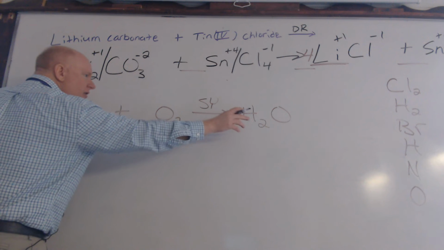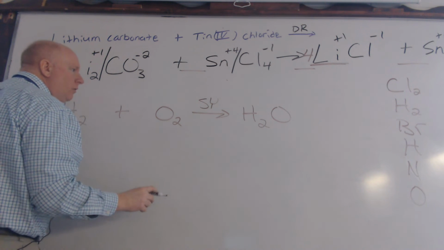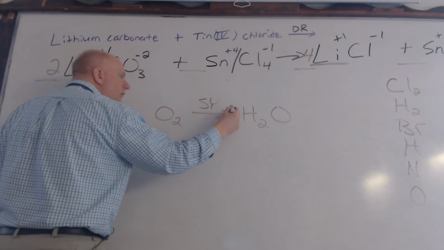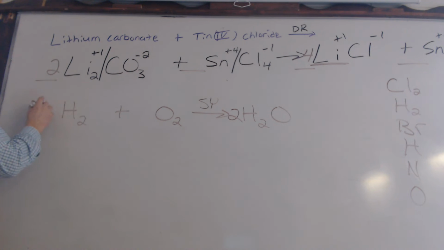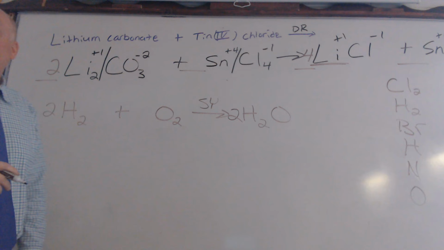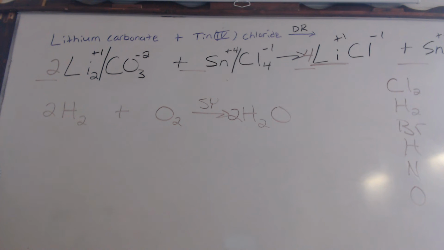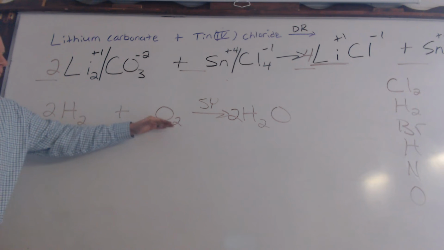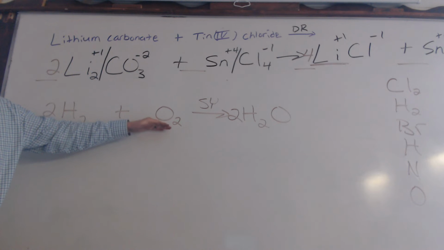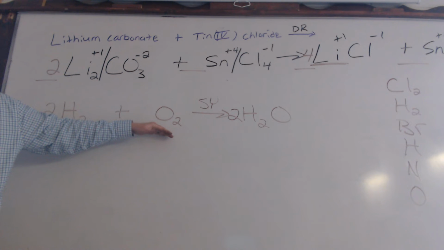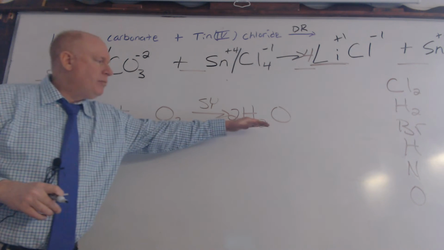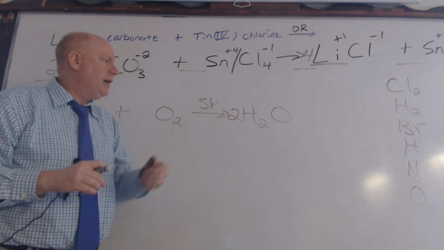You got 2 oxygens to 1. So what do we put in front of here? And then in front of here. Now you got it balanced. 2, 1, 2. Even though this is on the left-hand side, it's still going to be a reactant. This would be your product over here because it's on the right-hand side.